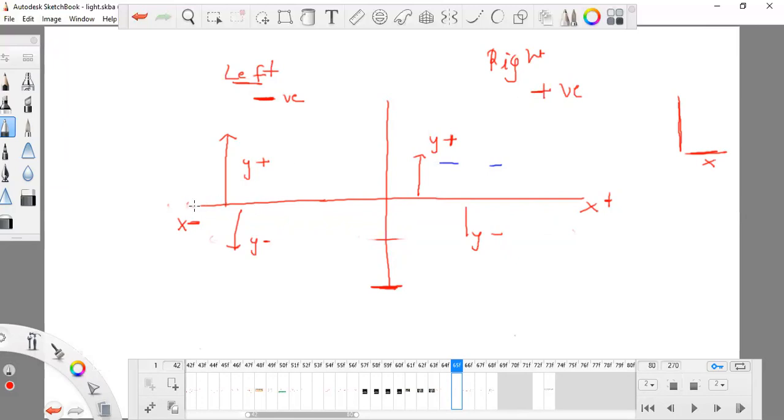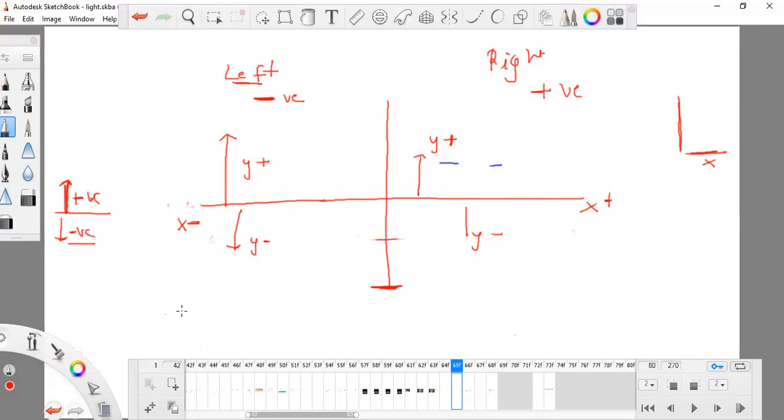If it is perpendicular above, the y-axis will be positive, and if it is perpendicular downwards, then it will be negative. This is the Cartesian convention. I think it is not a very difficult thing.